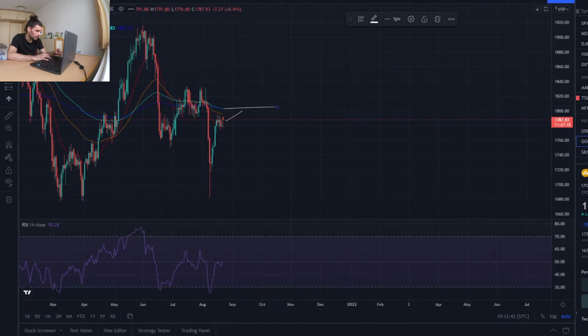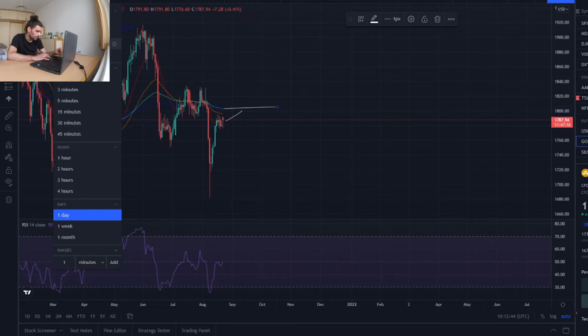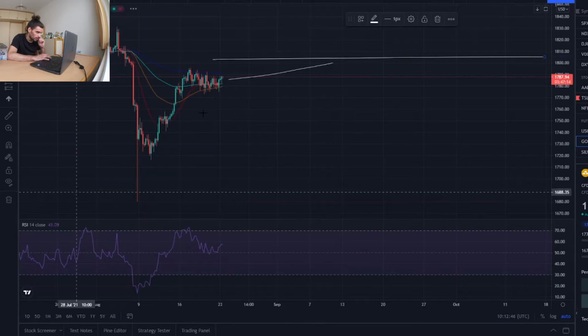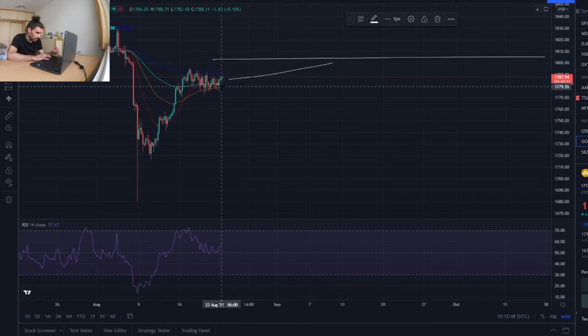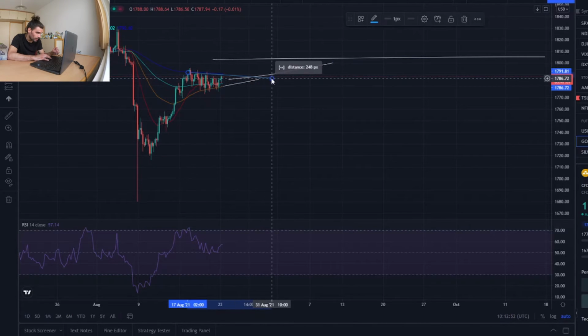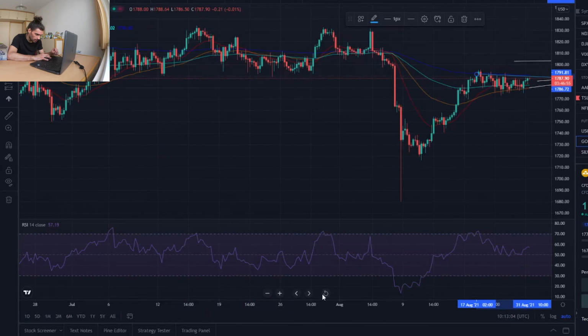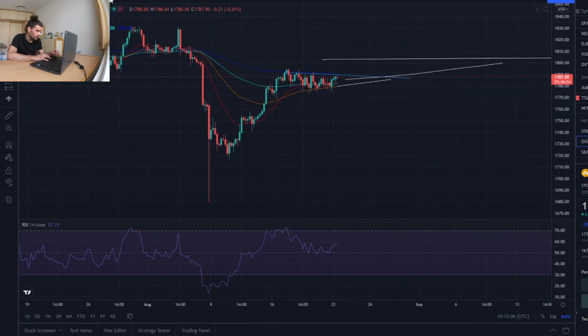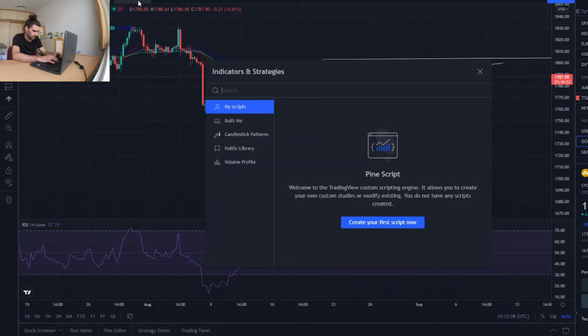Now taking a look at the 4-hour chart, we are trading within this triangle, and we are trying to break the 200 EMA, but it seems like we are not gaining enough momentum at the moment.